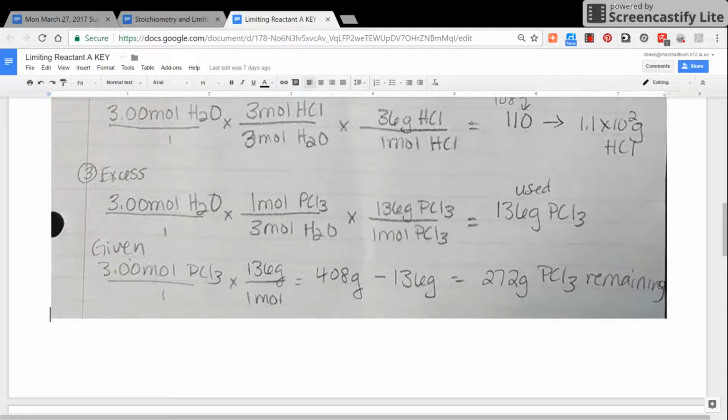This problem is a little bit different. I was given 3 moles of PCl3 in the problem, so I converted this to grams. So I started with 408 grams, and then I used 136 grams, subtracted, and I have 272 grams of PCl3 left over.